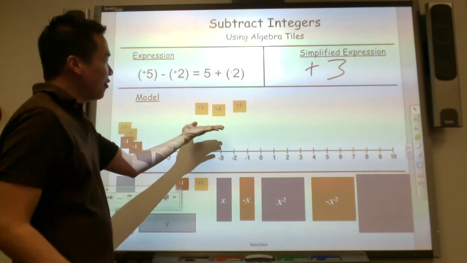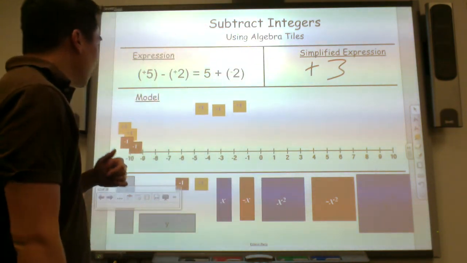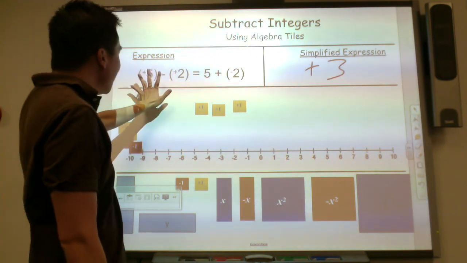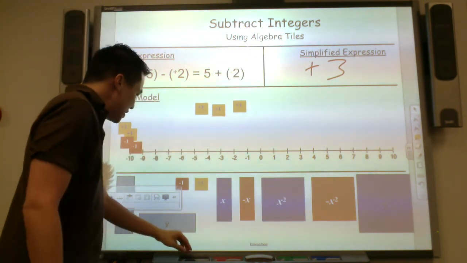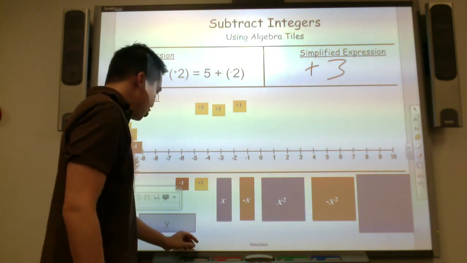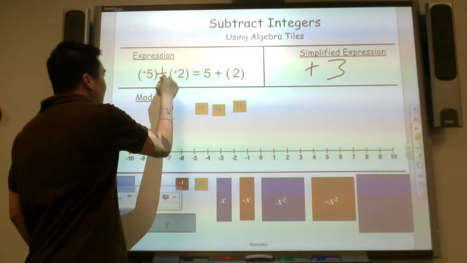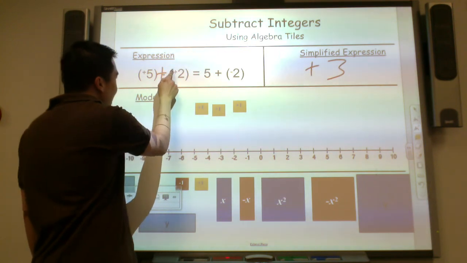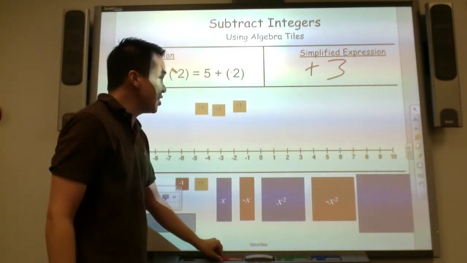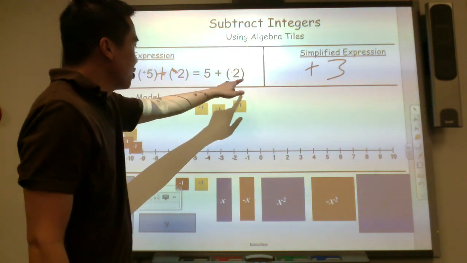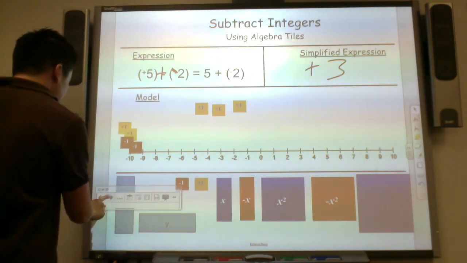What do you have left? Positive 3. So how did they rewrite this first expression to the second expression? They changed the minus to a plus, changed the sign of the next. Then all you do is add them up as if they were a plus. 5 plus negative 2 is positive 3.